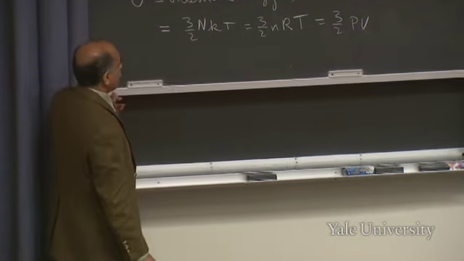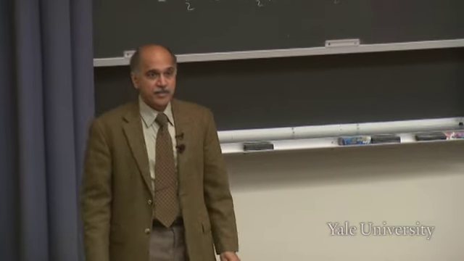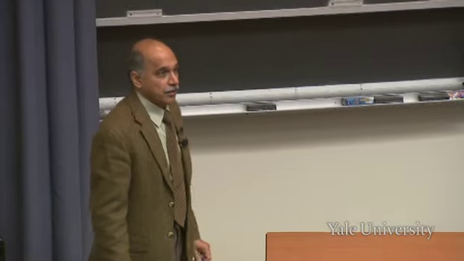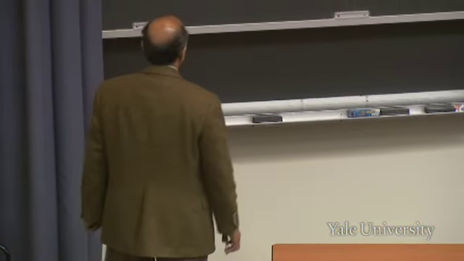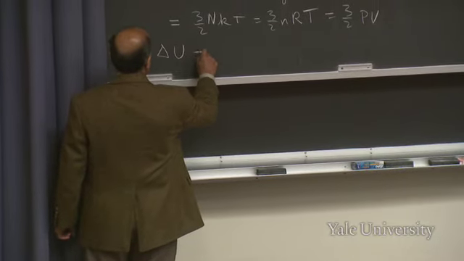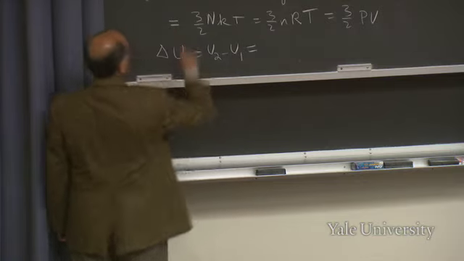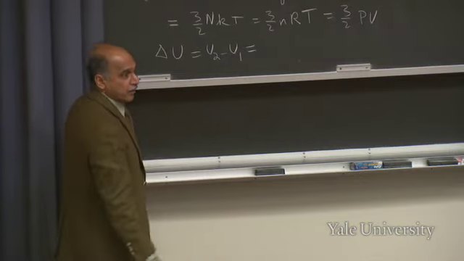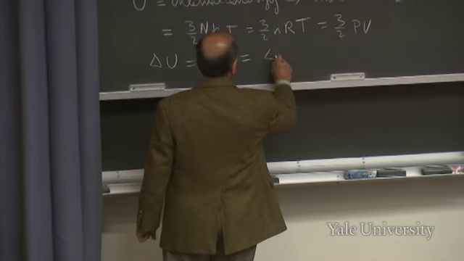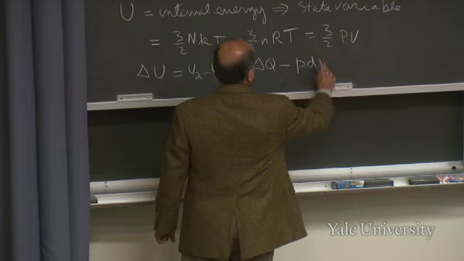Now, the first law of thermodynamics asks the following question. If I want to change the energy of this gas, how can I do it? There are two ways to change the energy of the gas, and the total change in U, meaning U at the end minus U at the beginning, where these are two nearby points, is either the heat input minus the work done by the gas.